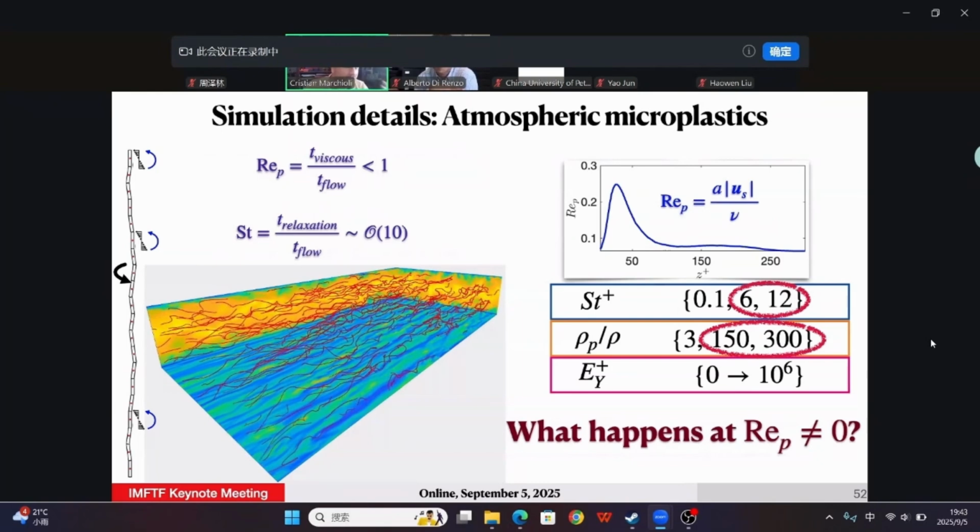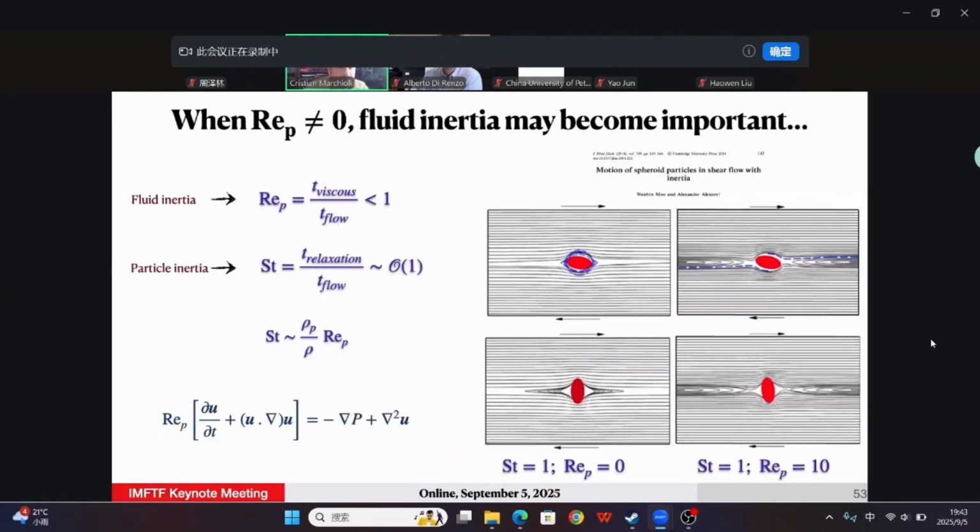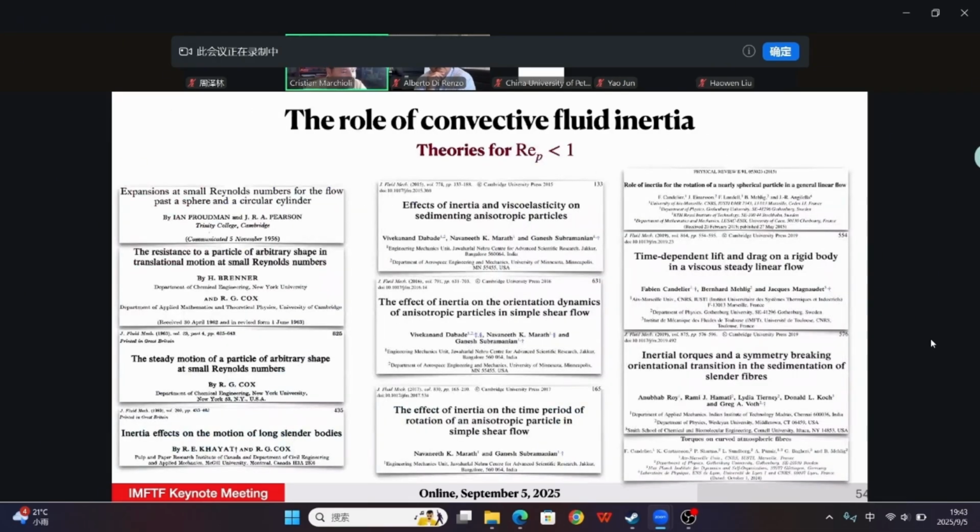Now, again, if you're interested, I can give you more details about what is the effect of having a non-zero particle Reynolds number. In few words, now, in addition to particle inertia, we must take into account the effect of fluid inertia in the flow. And this can be done. There is a lot of literature on this.